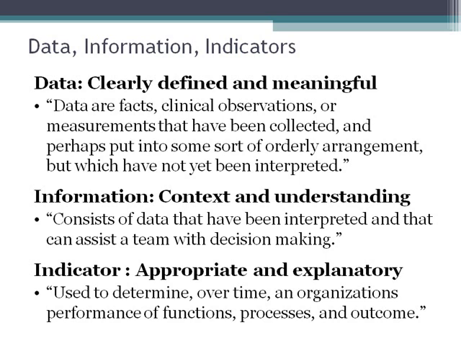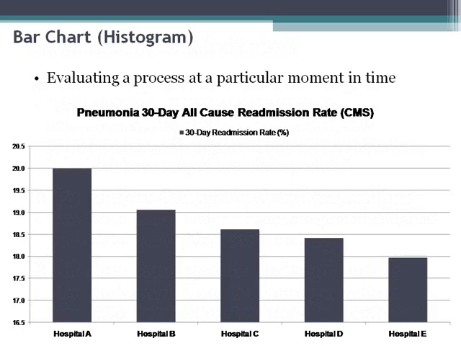So that is a quick overview. Now if you remember last time, we did some charting and we did some histograms, and I threw an arbitrary list of 5 hospitals up there, and I graphed them on pneumonia 30-day all-cause readmission rate. What I didn't mention then, and again it provides a great segue today, is that this is actual data. So I went into the CMS Hospital Compare website.